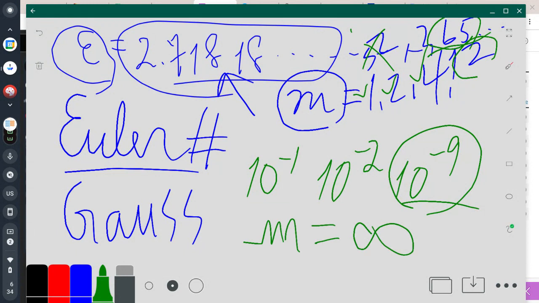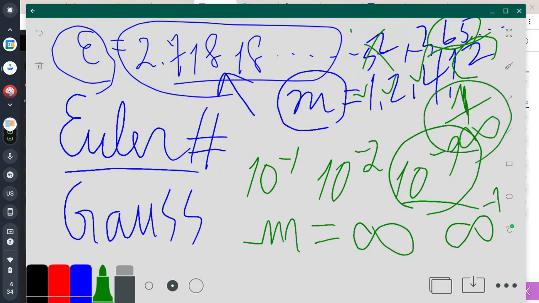Nothing can be greater than infinity. And of course, what is this? Negative infinity? It's not negative infinity. It's still positive. It's just 1 over infinity. So then this number will be an infinitesimal number. Infinitesimal means infinitely small. You divide 1 by infinity, it becomes an infinitely small number.